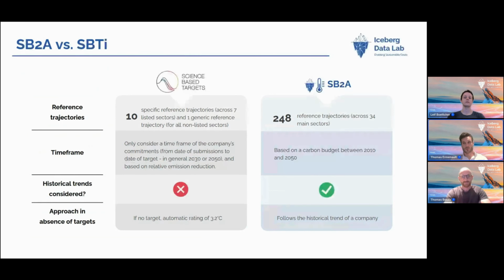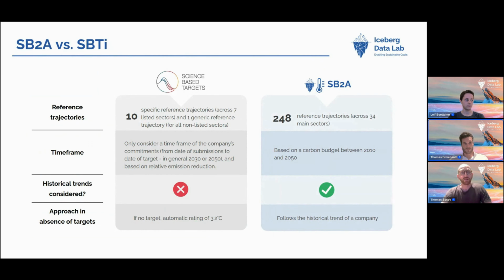Very clear. So I think we understand the granularity of our indicators and the methodology. But how does it compare to SBTi? Yes, because we base ourselves a lot on SBTi methodology, but the SBTi also gives ratings and temperatures to companies, and we chose to use a different methodology to define the temperature.